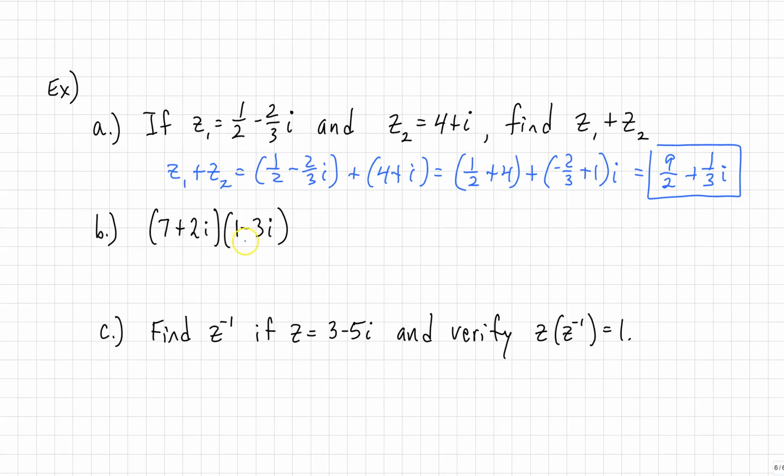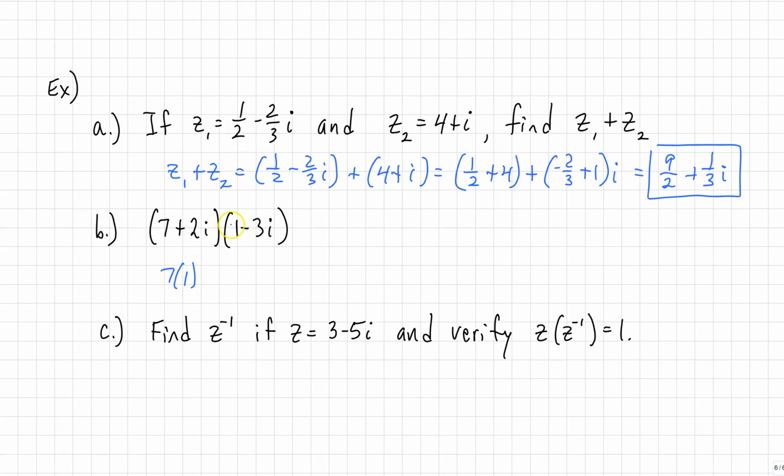Well, in B, let's practice multiplying two complex numbers. If we multiply those together using our definition, again, you can kind of think of it as distributing. So you could take 7 times 1, and then you're also going to have negative 21i and a positive 2i, and you're also going to have a negative 6i squared.